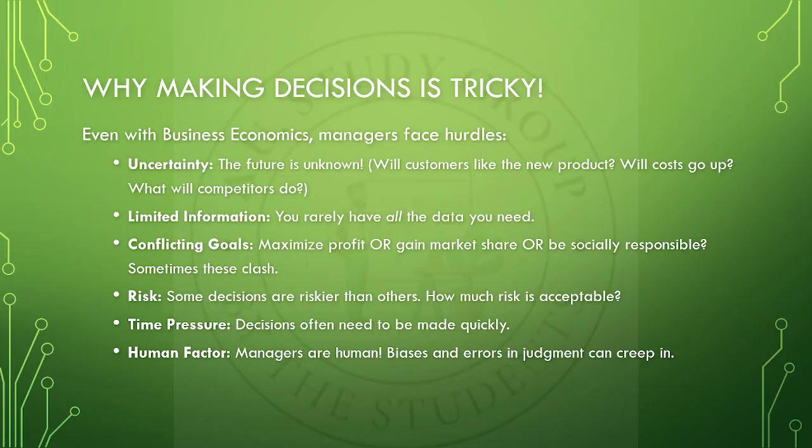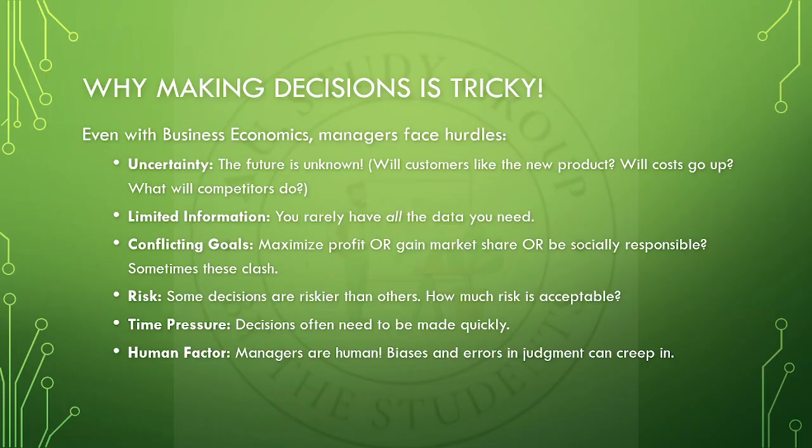Conflicting goals: sometimes maximizing profit might not be the main goal. Your main goal could be satisfying customers, or in one quarter the business might want to spend a lot of money on employees. Risk: every decision has some risk, and how much is too much is a big question.